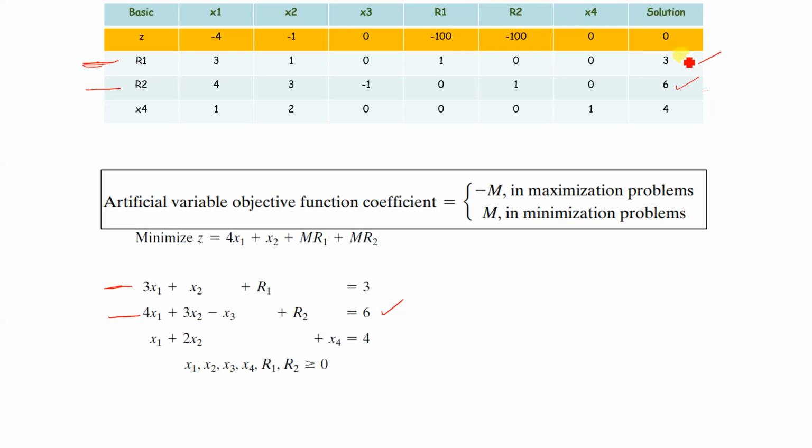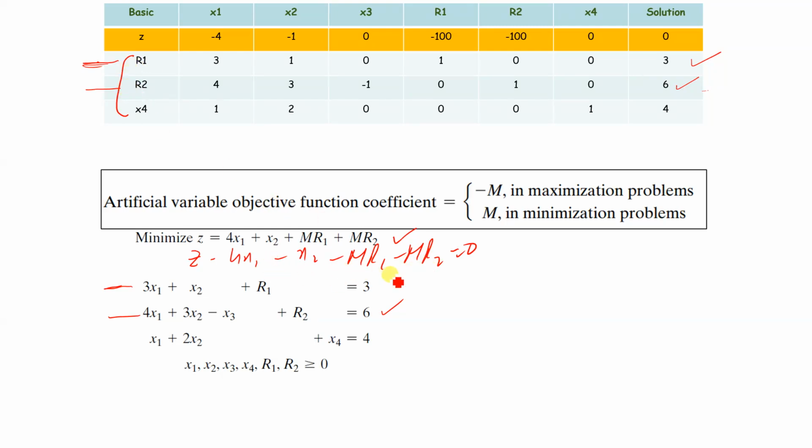But before proceeding further, let's check whether this initial solution is consistent with this objective function. That is, we have to check whether this solution satisfies this objective function or not. We have Z minus 4x1 minus x2 minus Mr1 minus Mr2 is equal to 0. But we have r1 is equal to 3, r2 is equal to 6.